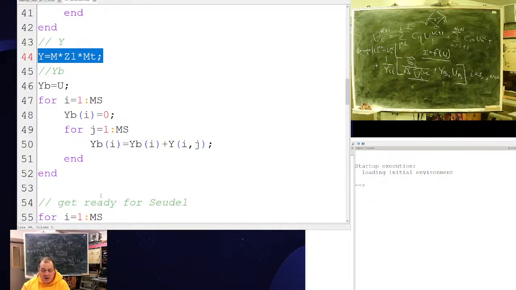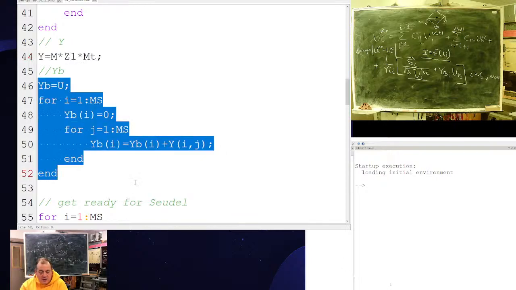I need nodal conductivities to the slack bus or base node. I can create it by hand, but why should I? Sum of admittance matrix row elements gives me base node conductivity for node I. So this small part calculates base node conductivity vector.